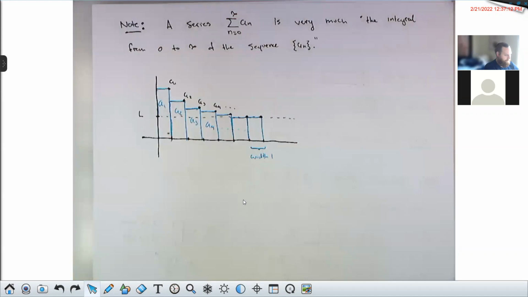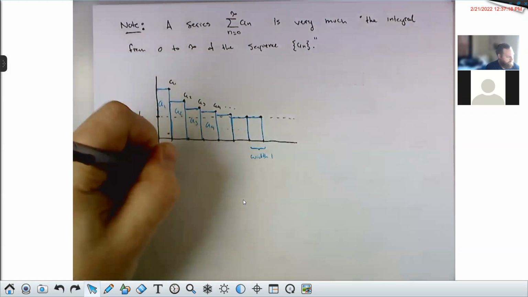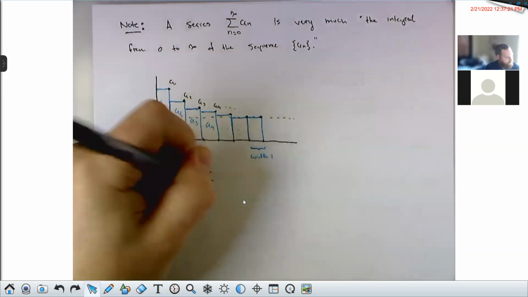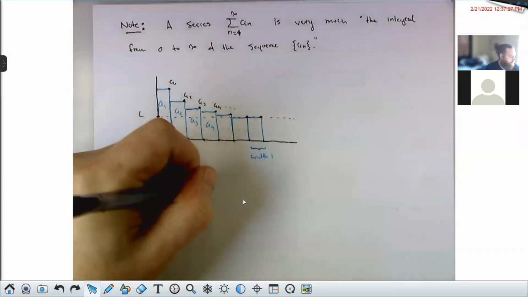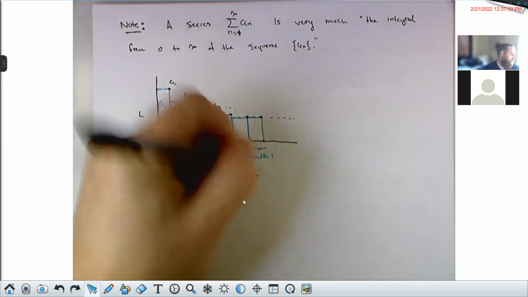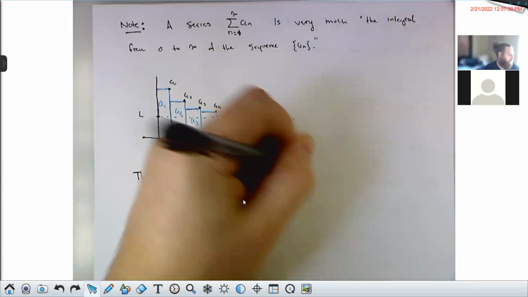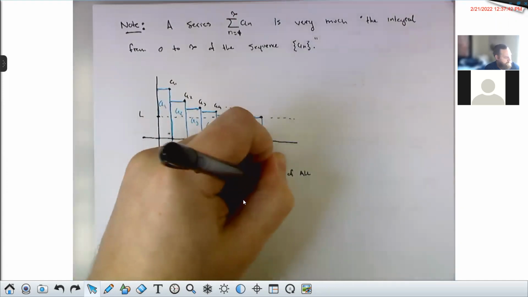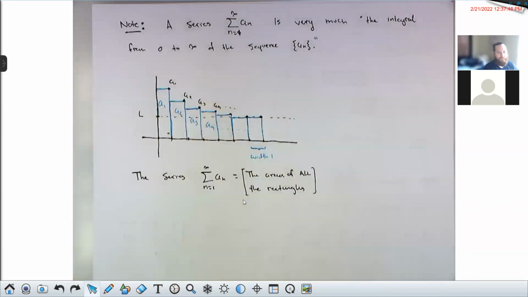So in a very real way, the series sigma n from 1 to infinity of a_n is literally the area of all the rectangles, which you could think of kind of as the area under the sequence, right?